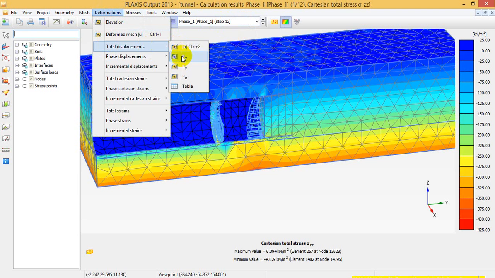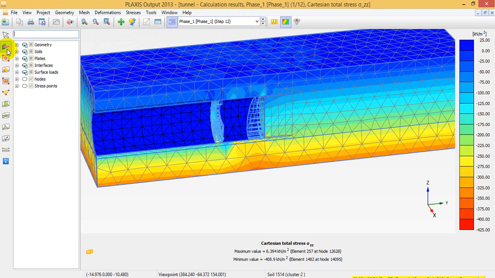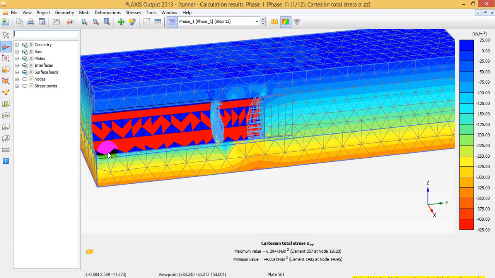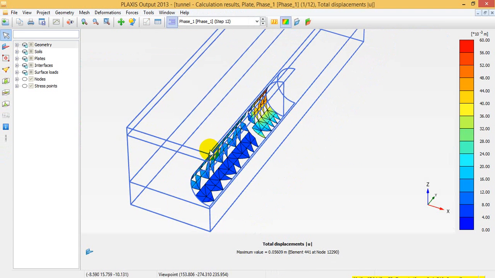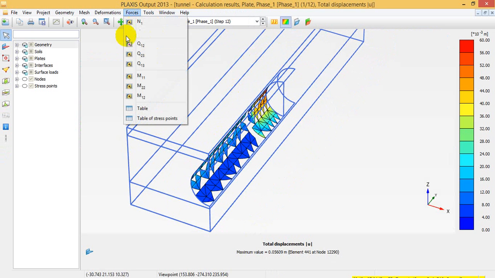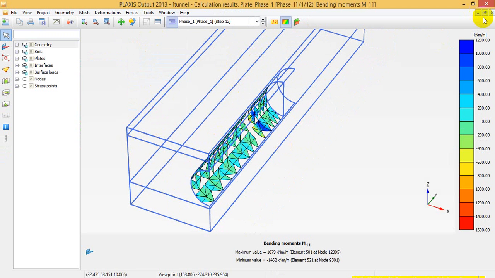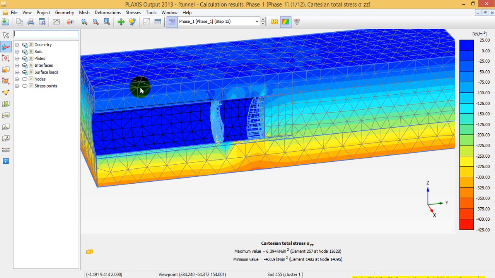Right, and also I can check what happened to the plate. Alright, you can choose it for bending moment, and you can see what's happening for it in a stage of construction.